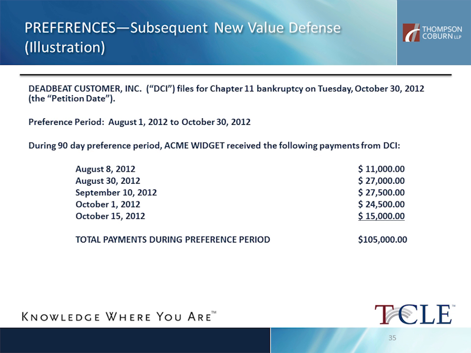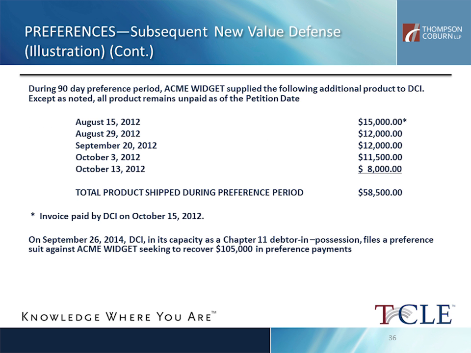So we put together a little hypothetical, and essentially under this hypothetical, we've assumed that the trade supplier has, during the 90-day preference period, received $105,000 in payments, in a series of payments that total $105,000. And then during that same time period, we're assuming that the trade supplier has supplied an additional $58,500 worth of product to the customer that it subsequently files bankruptcy.